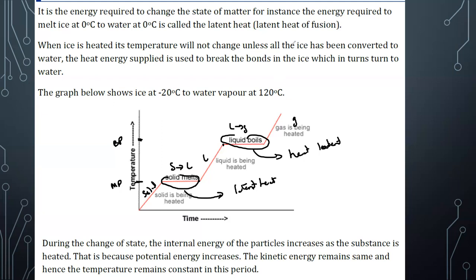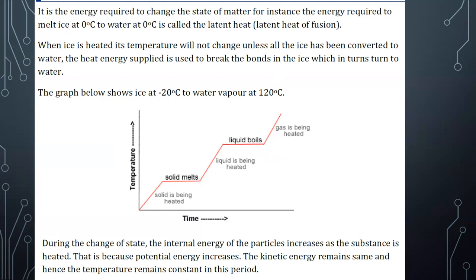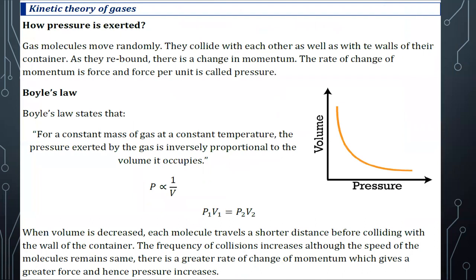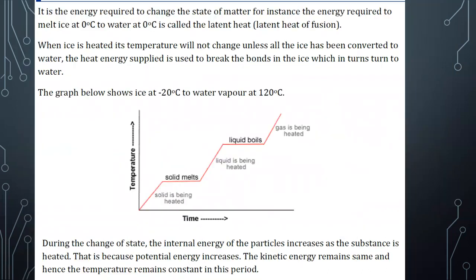If you want to calculate the latent heat of fusion or latent heat of vaporization, we can use this formula: latent heat equals energy divided by mass, where E is the energy needed to change the state and m is the mass of the object. Specific latent heat is the energy needed to change the state of 1 kilogram of substance without changing temperature.